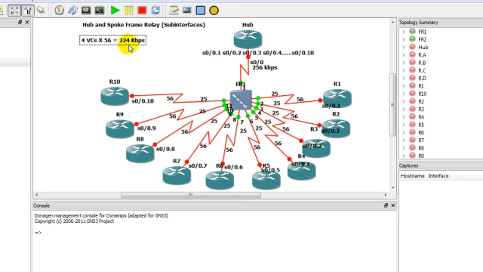Look at this: we have 224 and the access line is 256. That's good, because the summation of virtual circuits is less than the access line. The summation of virtual circuits should be equal to or less than the access line.